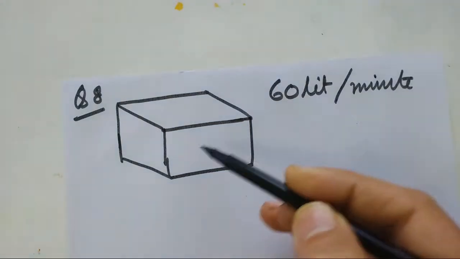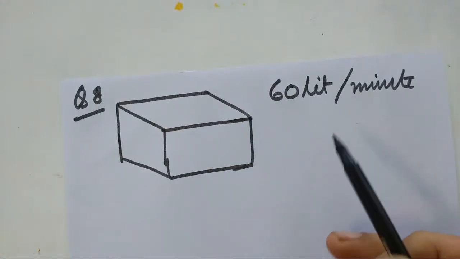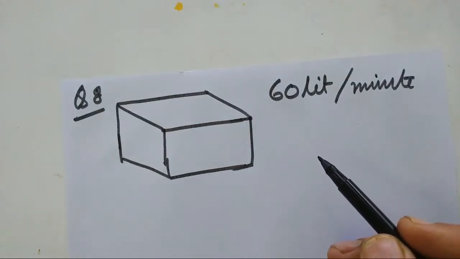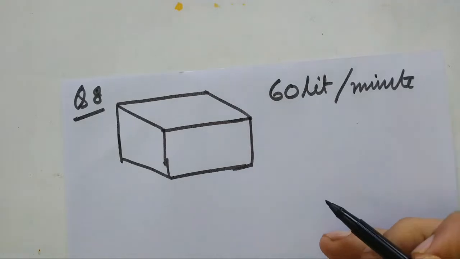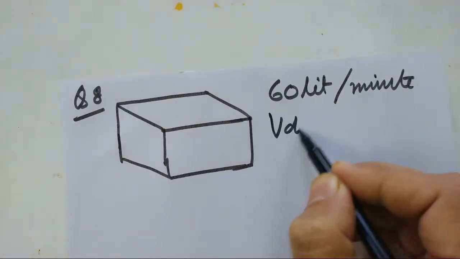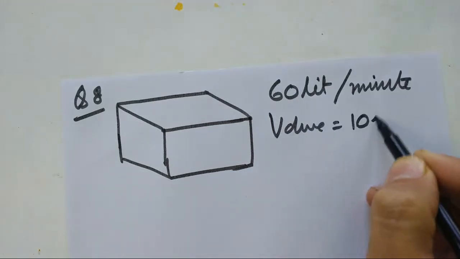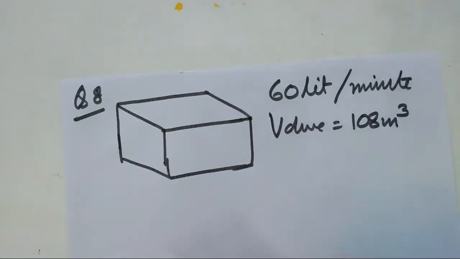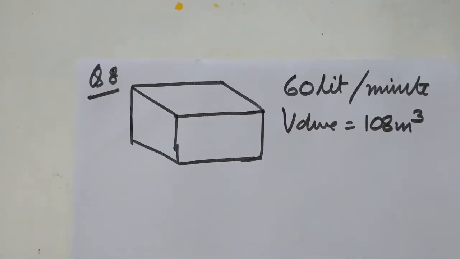Water is entering inside the tank at this speed. If the volume of the reservoir is 108 meter cube, find the number of hours it will take to fill the tank.